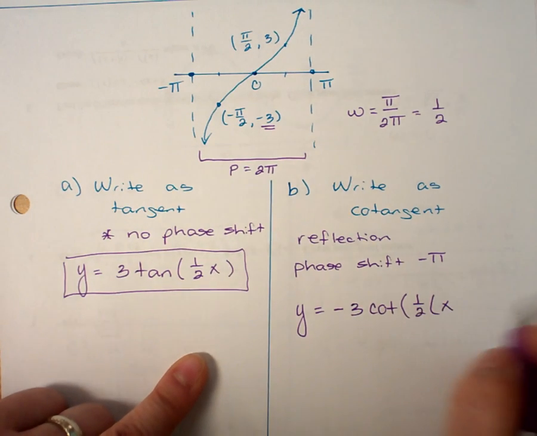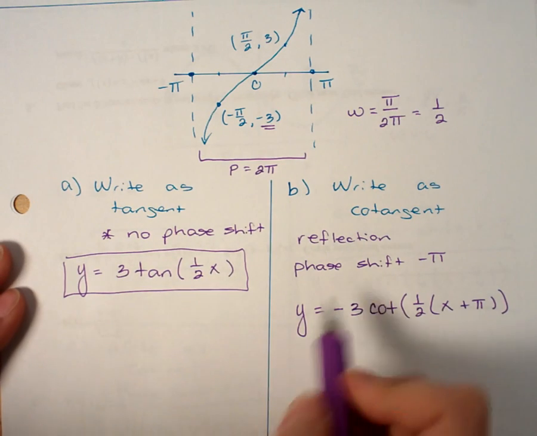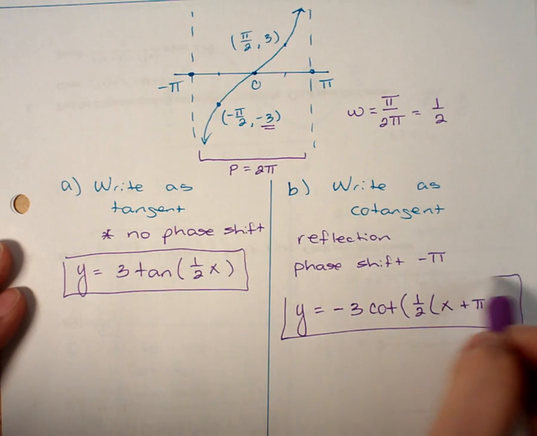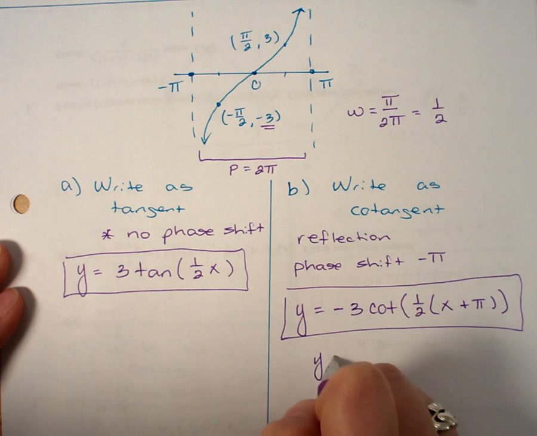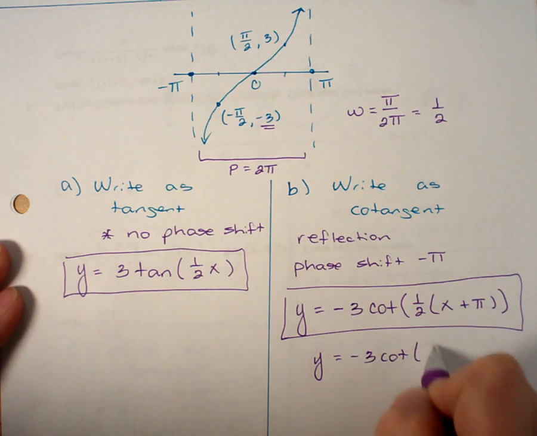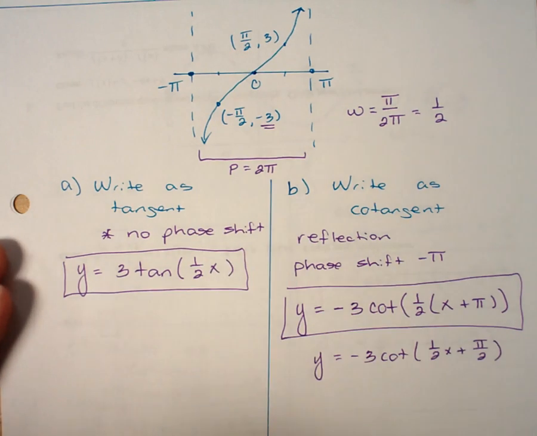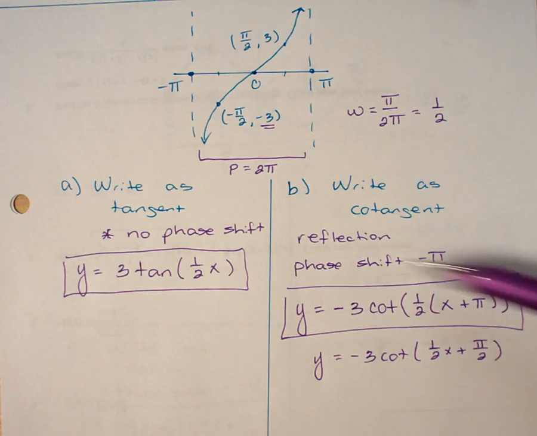My phase shift was left, so I'm going to write a plus pi, and then I'm all done. So I also could write -3 cotangent 1/2 x plus pi over 2. Certainly another option, but again, the answers in the boxes are what you would see on your midterm and your final.